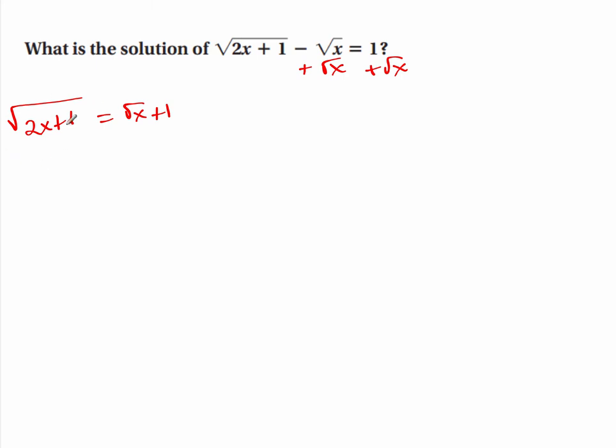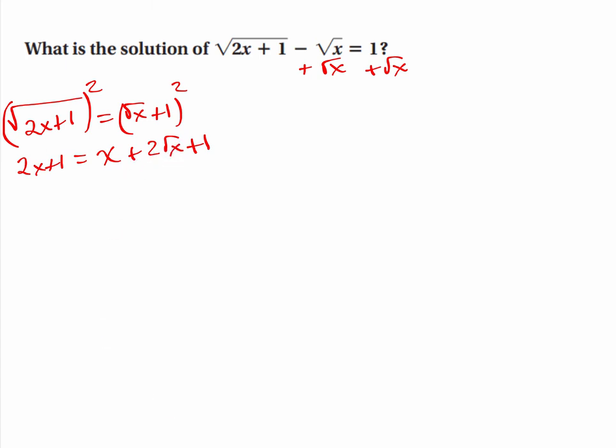Now once I've isolated the most complicated radical, I'm going to square both sides. So 2x plus 1 is equal to, now I'm going to FOIL this out. The square root of x squared is just x, plus 2 times the square root of x, plus 1.